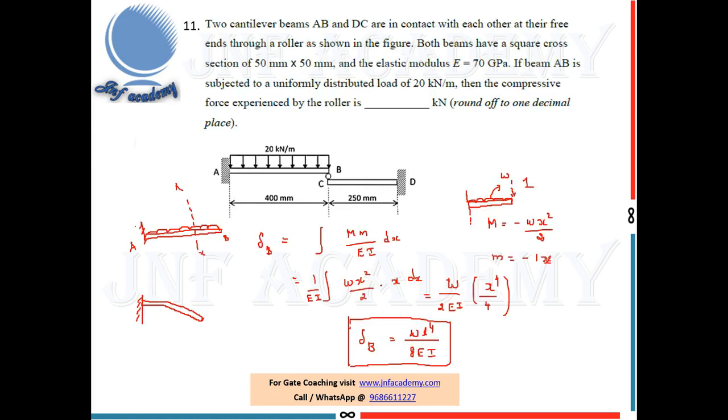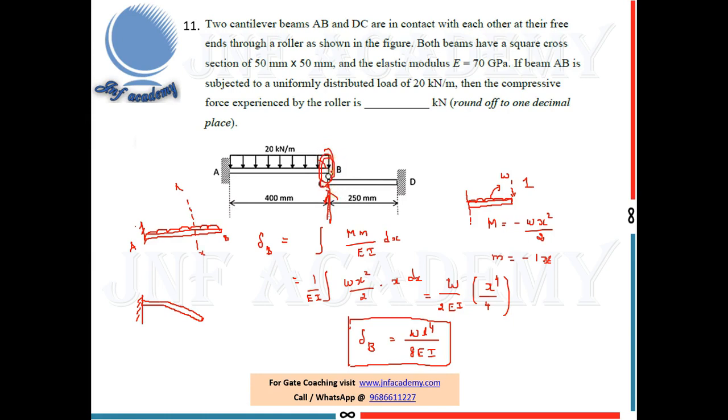Here I have to apply some force P to resist the deformation or deflection delta B. So I have to apply some force to resist the deflection of this portion.